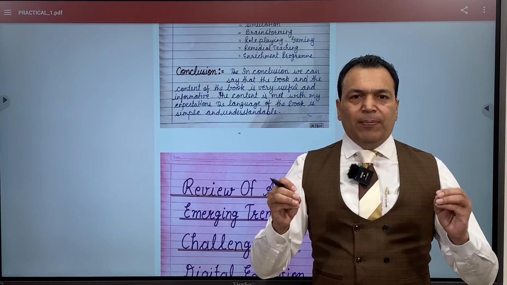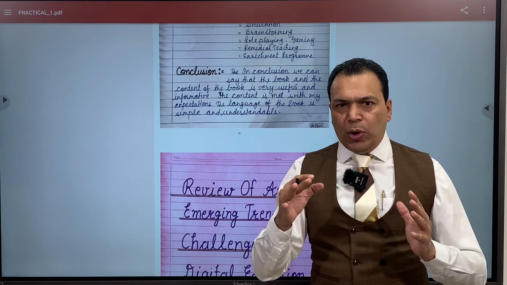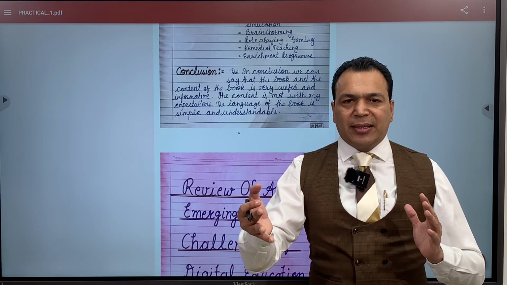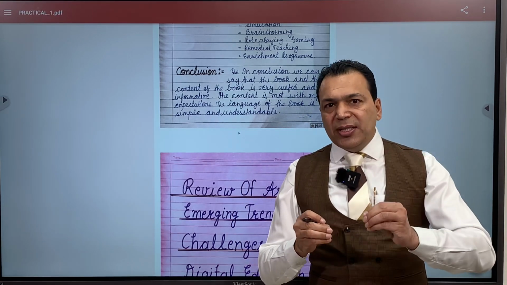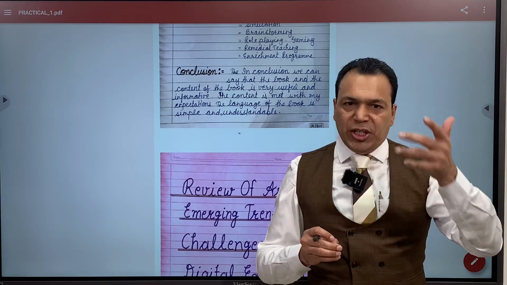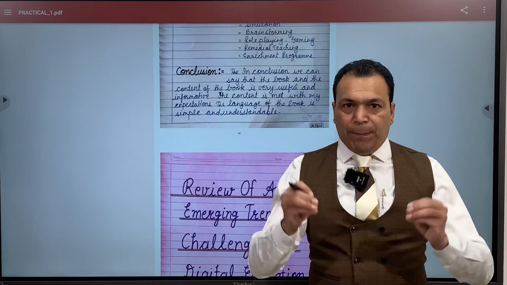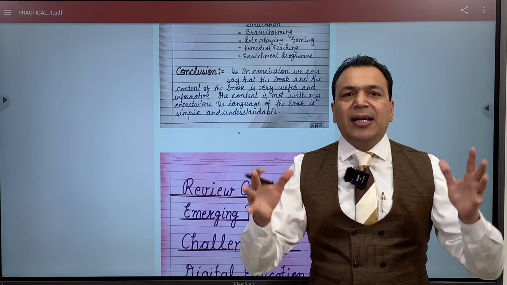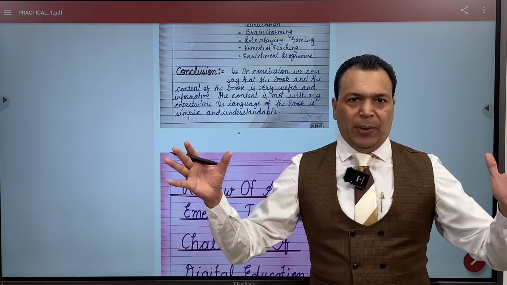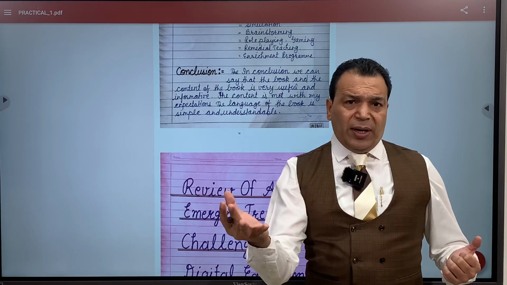Every part of learning and teaching is written. Even in this book, all the learning theories and all the teaching styles are described, which is beneficial to become a teacher. The contents of the book are very simple, and even the language used is very simple and understandable. It can be my view, and your view can be different.